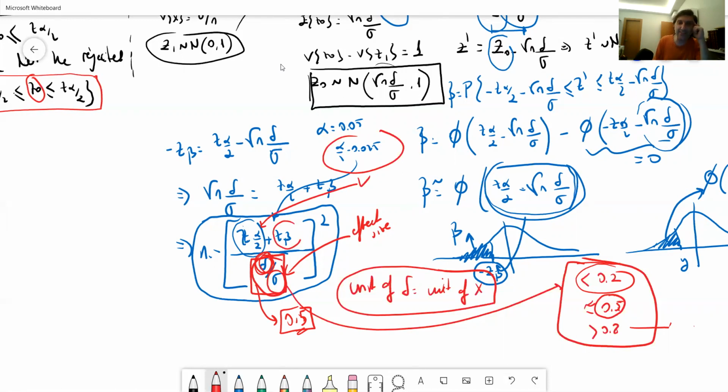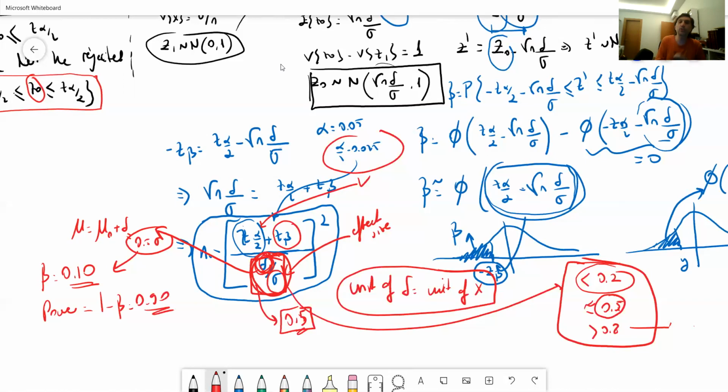Then that is going to be related with the beta value. So we really would like to detect this. It means that, for instance, we would like a beta value of 0.10. Which means if there is that much of an effect size, that delta of difference of mu, so if mu is actually equal to mu0 plus delta, and here delta is going to be equal to 0.5 sigma, we would like to detect it 90% of the times, because power is equal to 1 minus beta, which is going to be 0.90.